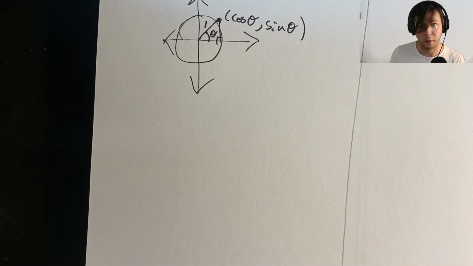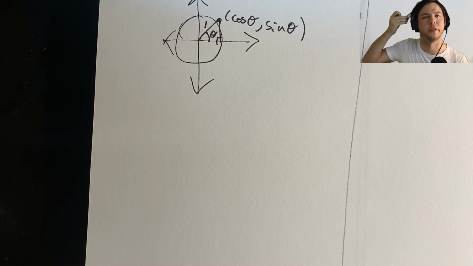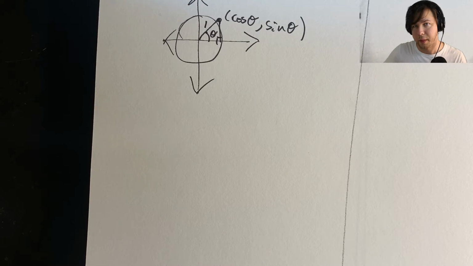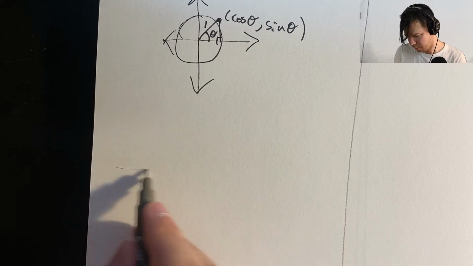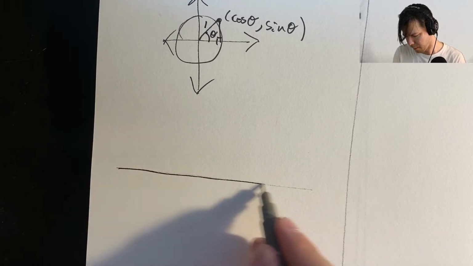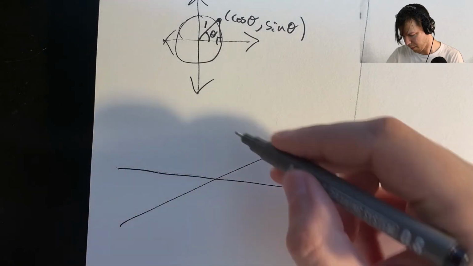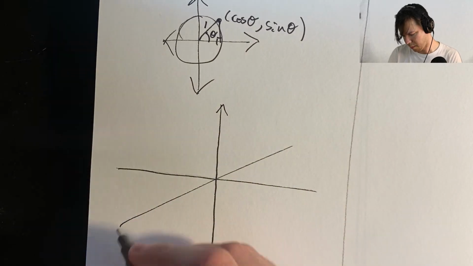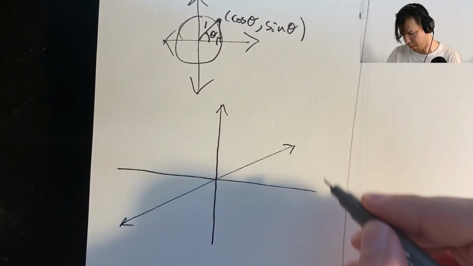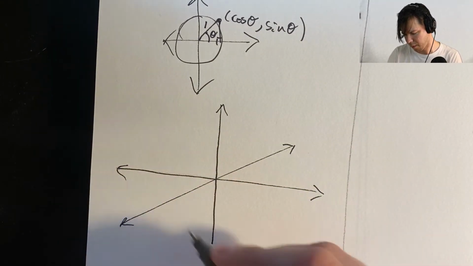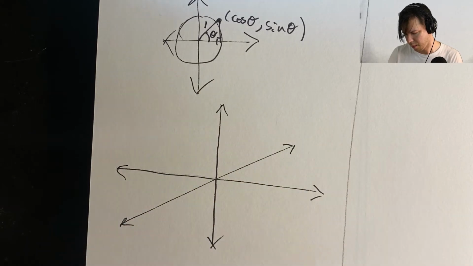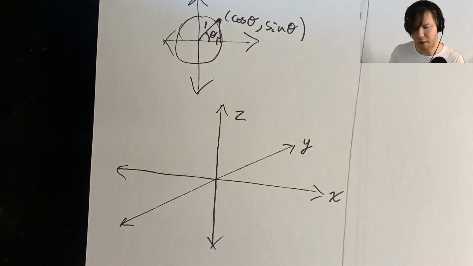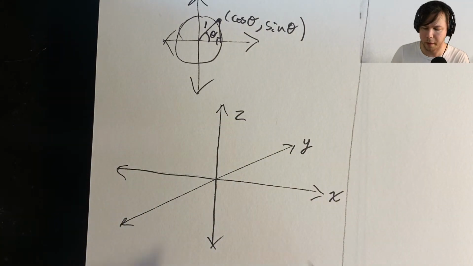However, we want to look at 3 dimensions, and I want to ask, how can we use angles to describe any position in 3 dimensions? Okay, so we've got our 3-dimensional system there.